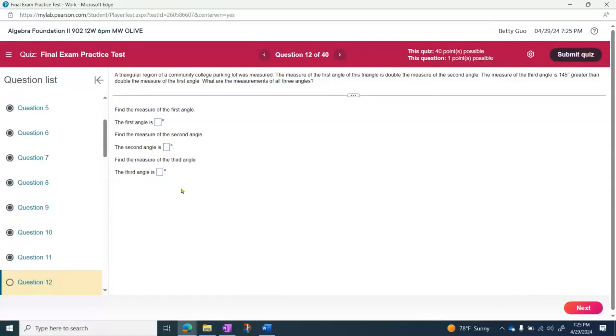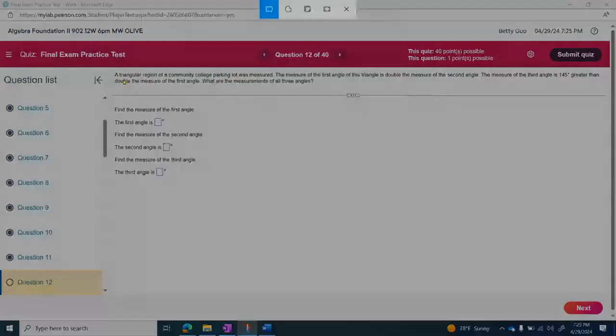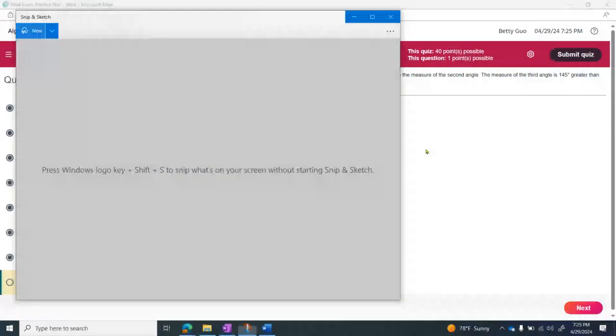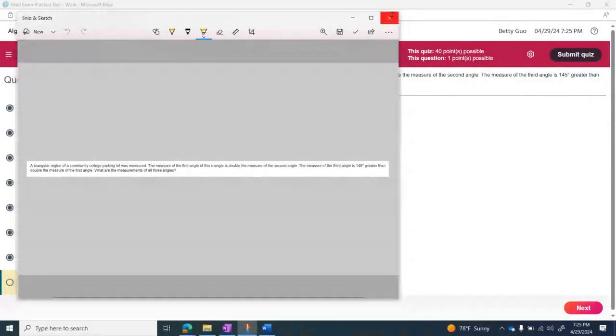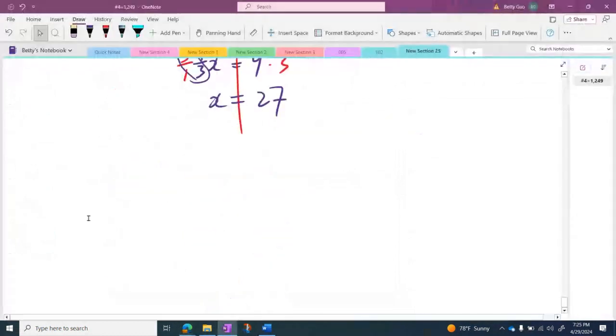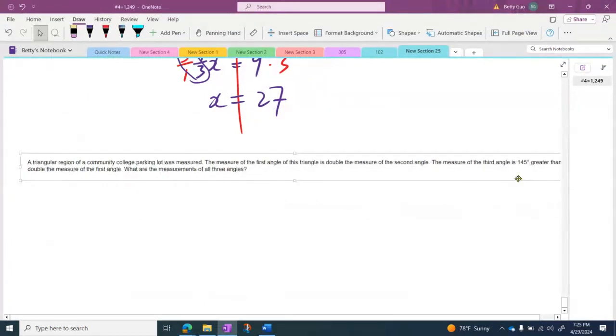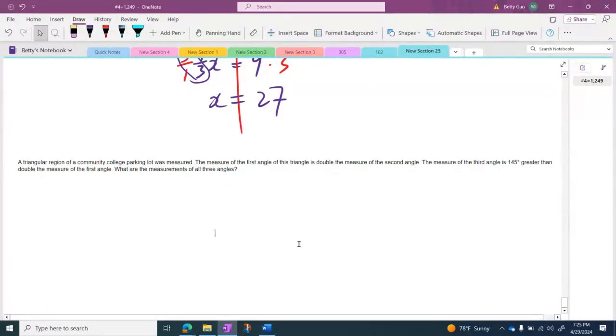Oh, the first angle, the second angle, the third angle. Okay, this is also a word problem. It's still very tiny because it's very long.